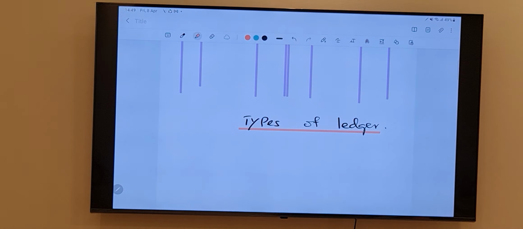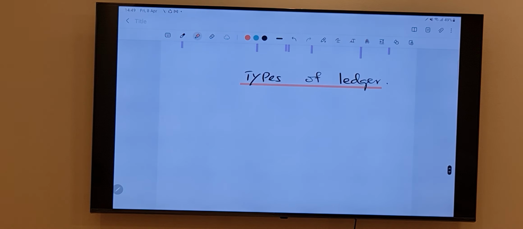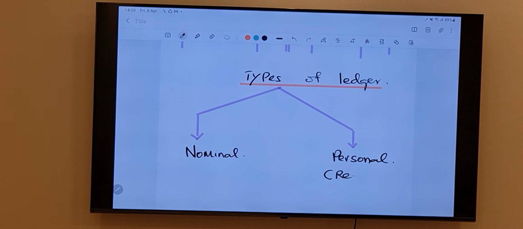Then we have something called types of ledger. There are two types. Nominal ledger and personal ledger. Sometimes we call this one real ledger.